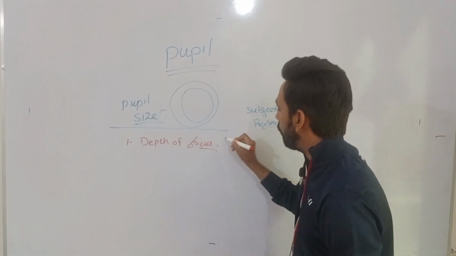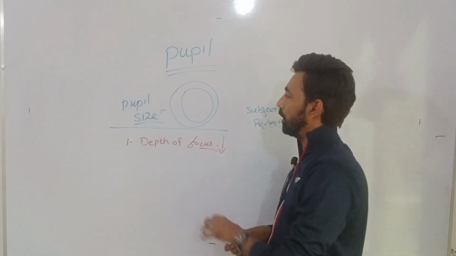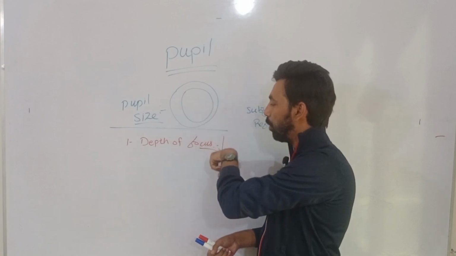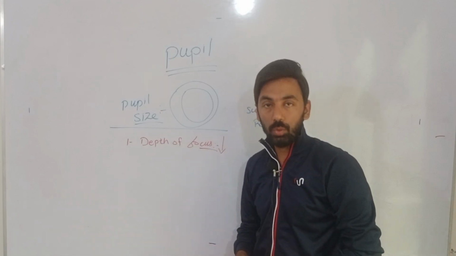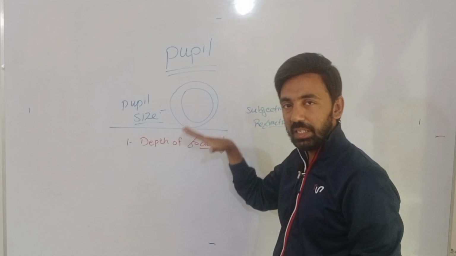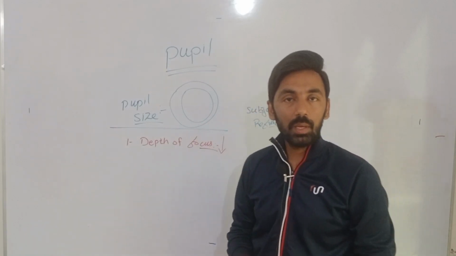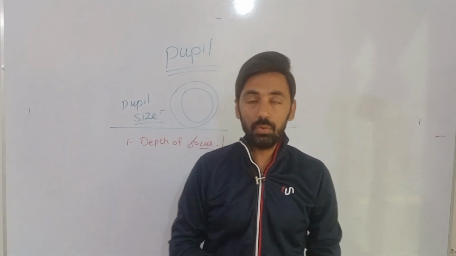As we have discussed already, whenever the pupil is more constricted, the depth of focus will increase, as I gave the example of the pinhole. But if the pupil is dilated, then the depth of focus will decrease. So if the depth of focus decreases, the patient will be unable to read the chart properly, right? So this is reason number two.